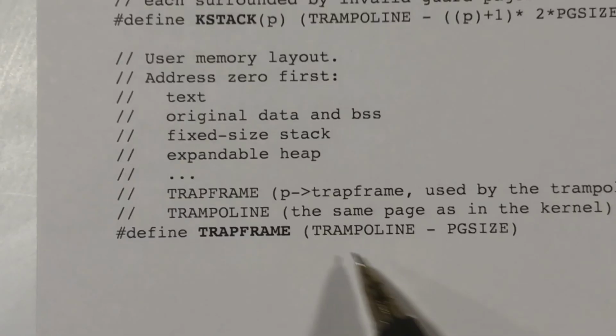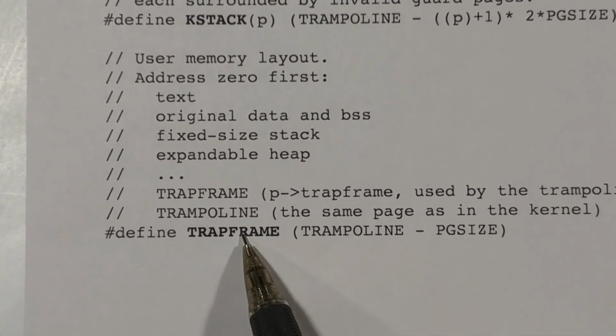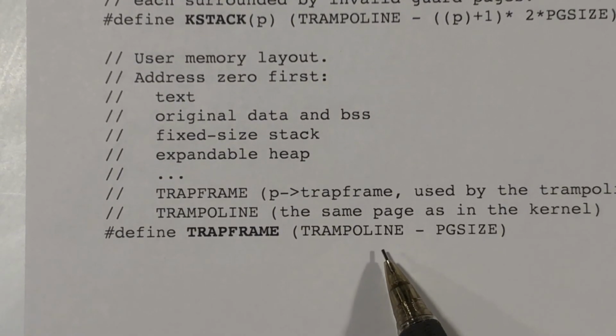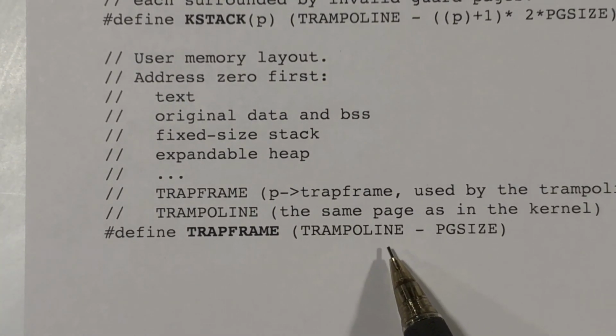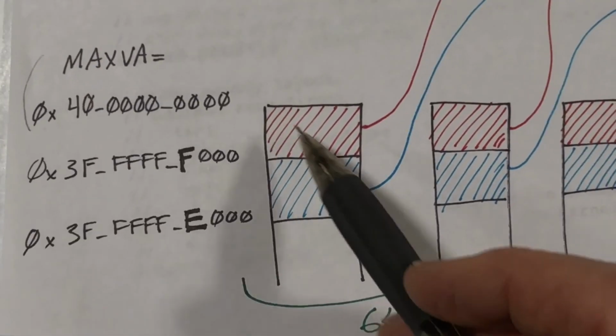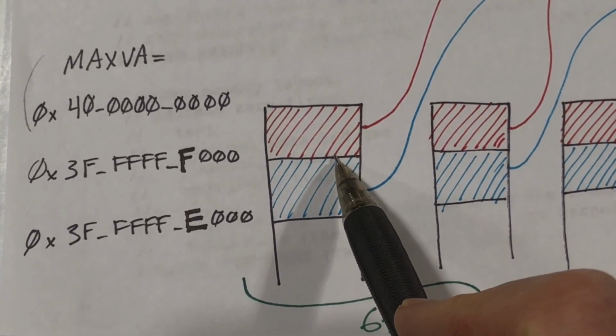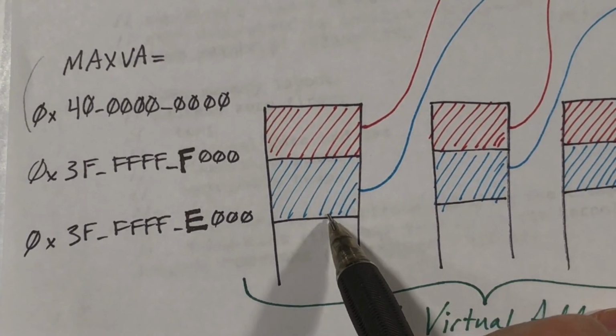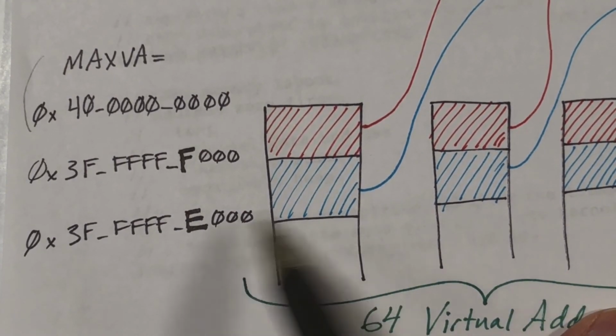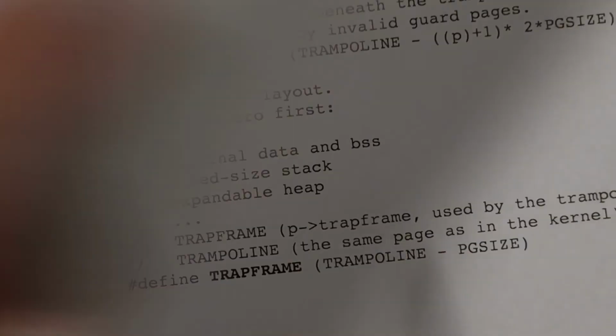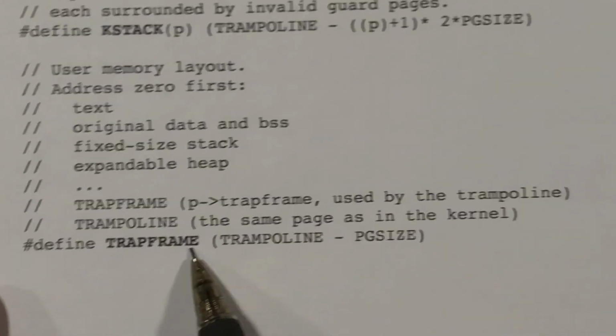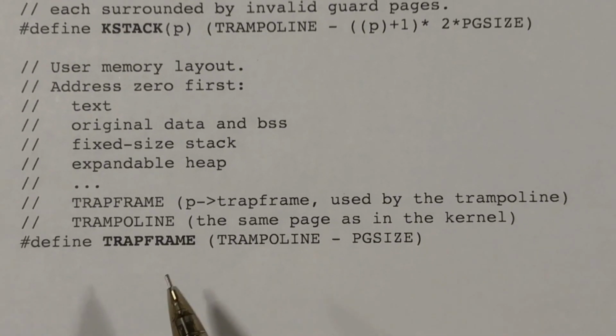And finally we have a constant TRAPFRAME, which is just the address of the trap frame page. So it's just the address of the trampoline page minus 4096, which is this value right here. So that's what's going on with this definition here. Okay, that's it for memory layout. See you in the next video.